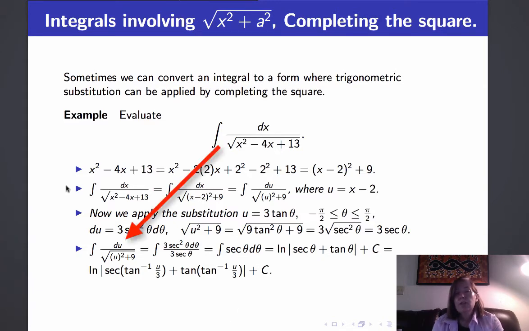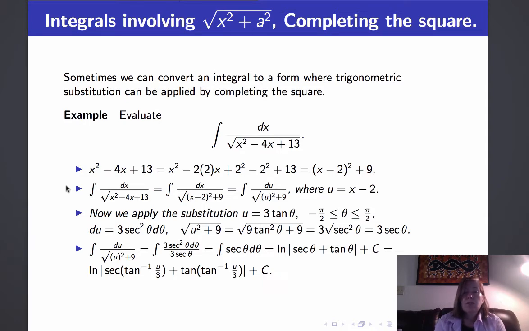So our original integral was equal to the integral of du over the square root of u squared plus 9, which is equal to the integral of 3 secant squared theta d theta, that's just the du, divided by 3 times secant of theta. And again we can cancel the 3 secant theta to get the integral of secant theta d theta, and this is the natural log of the absolute value of secant of theta plus tangent of theta plus c. And this is very similar to our previous problem.